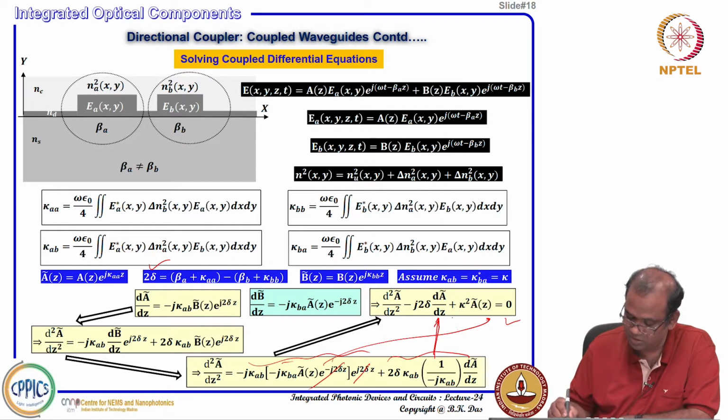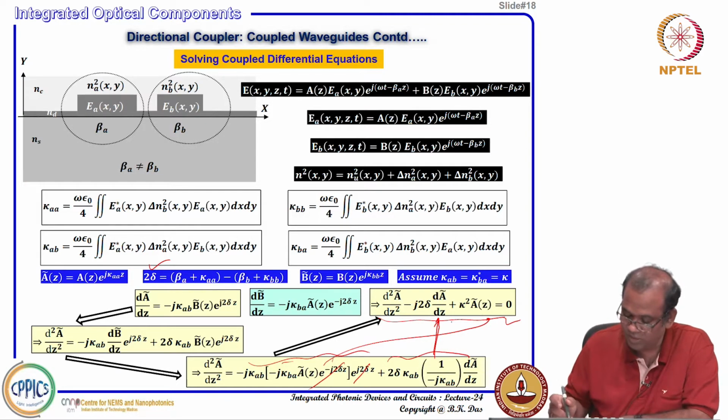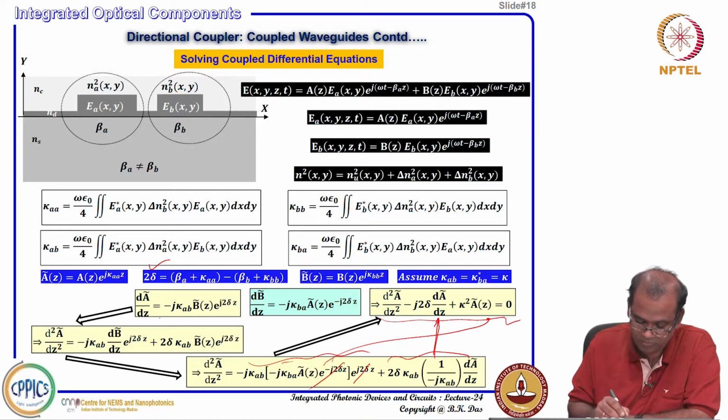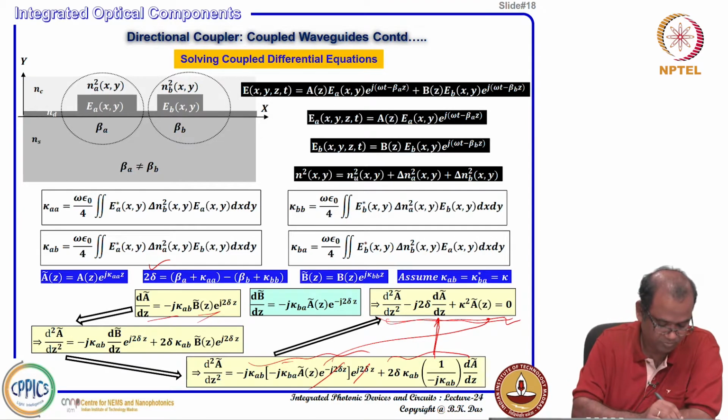So, ultimately we get this equation, a second order differential equation involving only the A amplitude. Once we get the solution A here, then I will be able to solve B from here. Just by making a derivative, I can relate what is the value of B. So, the challenge now is how to solve this equation.